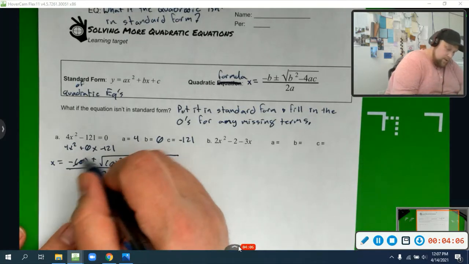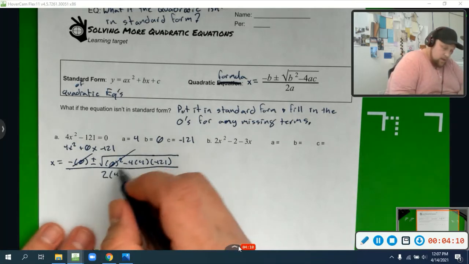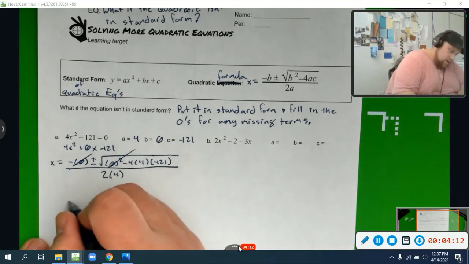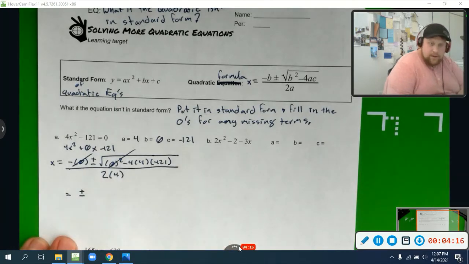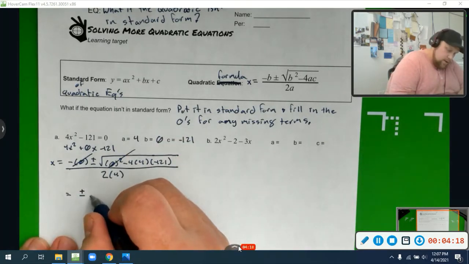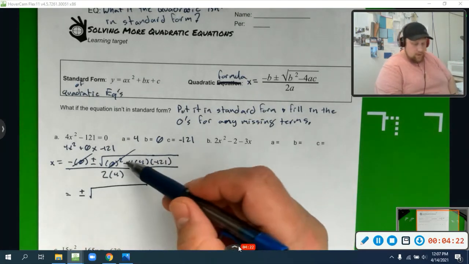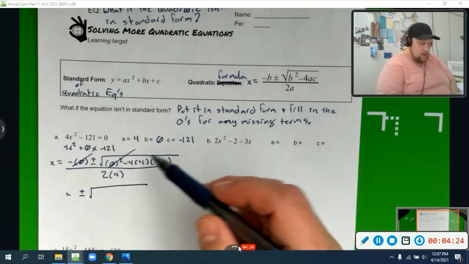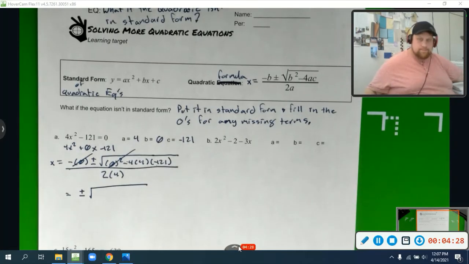And what happens to these zeros? They just go away. 0 squared is just 0. And what do I have? Equals plus or minus still stays there because it's going to have a positive and negative component to it. The square root, and I would use a calculator because that's going to end up being, first of all, negative times negative is a positive. And then 4 times 4 is 16. And where's my calculator? Right here.